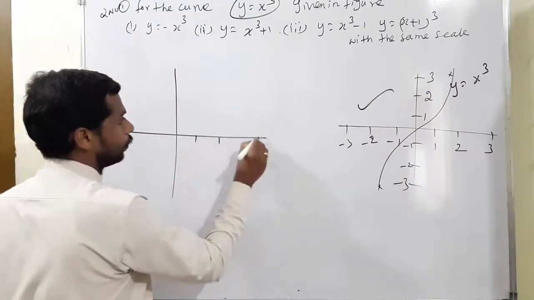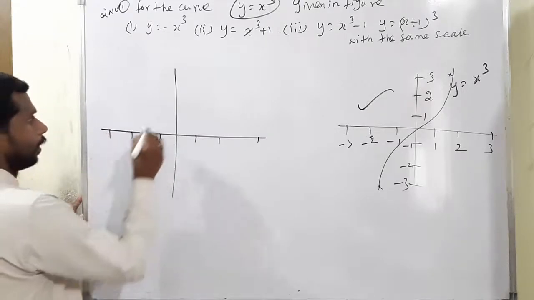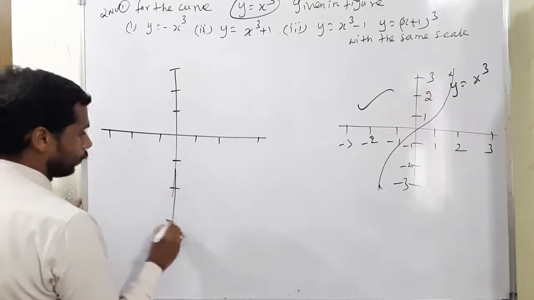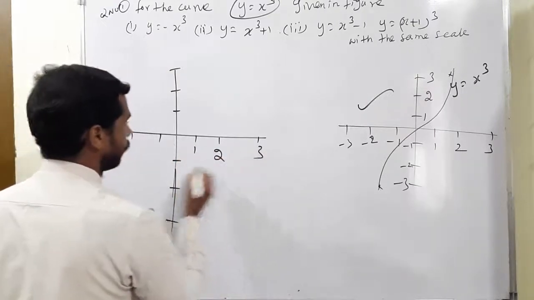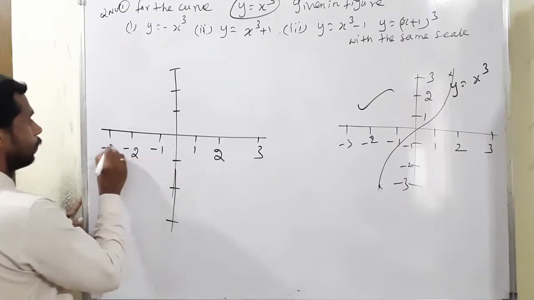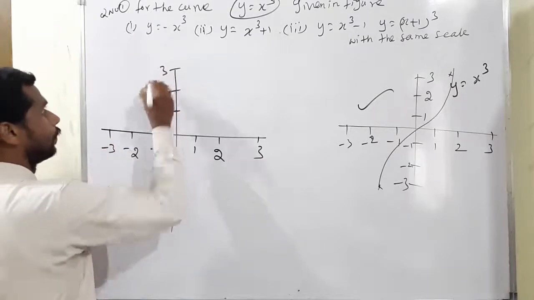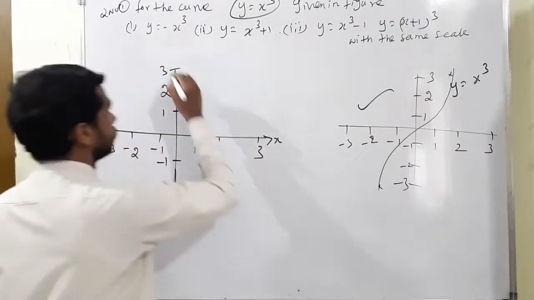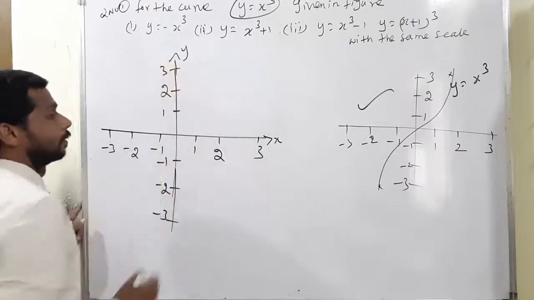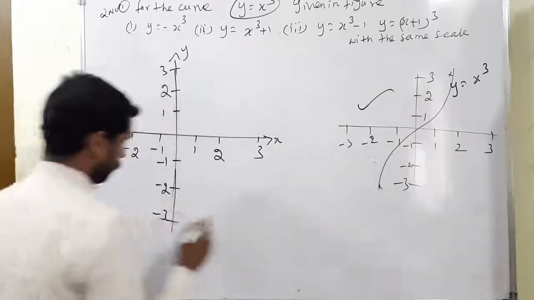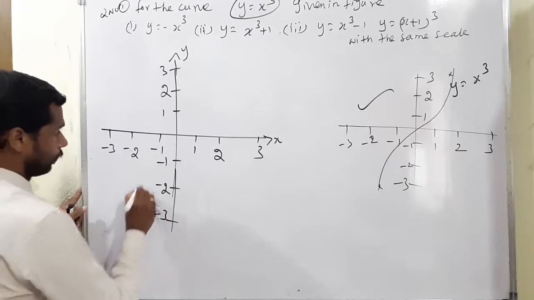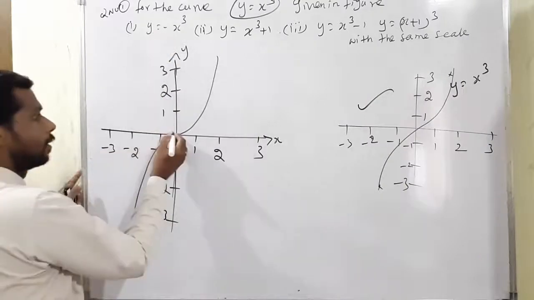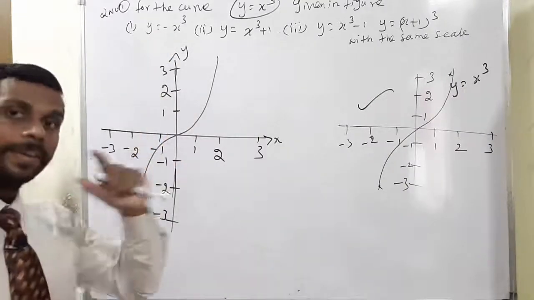So 1, 2, 3, minus 1, minus 2, minus 3 on the x axis and y axis. The original figure is like that, isn't it? So now the negative side means the opposite side, reflection, mirror image, isn't it?